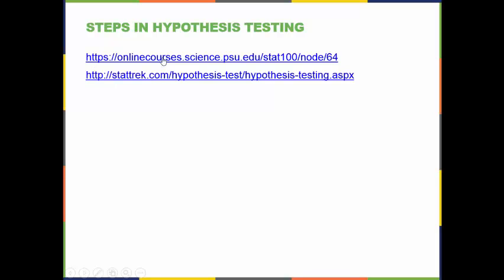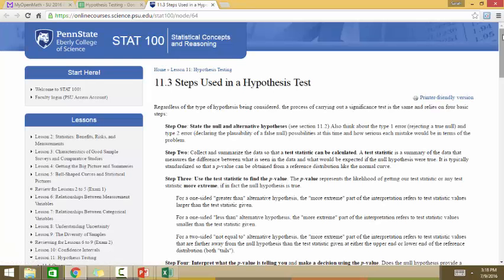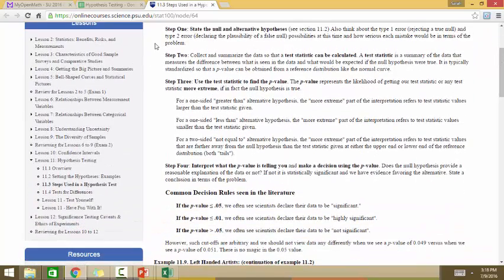Steps in hypothesis testing. I would recommend spending some time reading through here. Basically, this is taking you through all the steps. You would state the null and alternative, collect and summarize the data, so you can calculate a test statistic. Step 3, we use that test statistic to find the p-value.